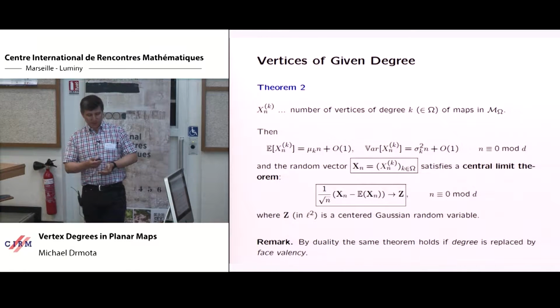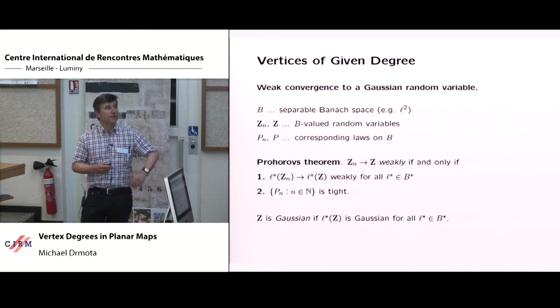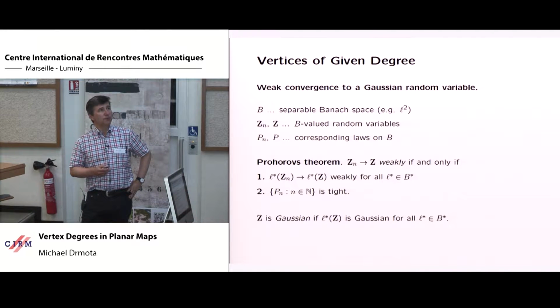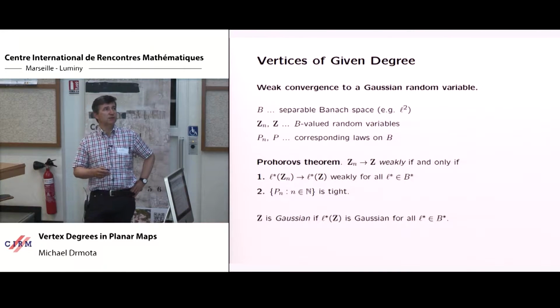Okay, so maybe I should explain quickly what this notion really means. We have weak convergence of random variables that are Banach space valued. In our setting it's just L2, and weak convergence can be rephrased in terms of weak convergence of all continuous functionals, which are one-dimensional random variables.